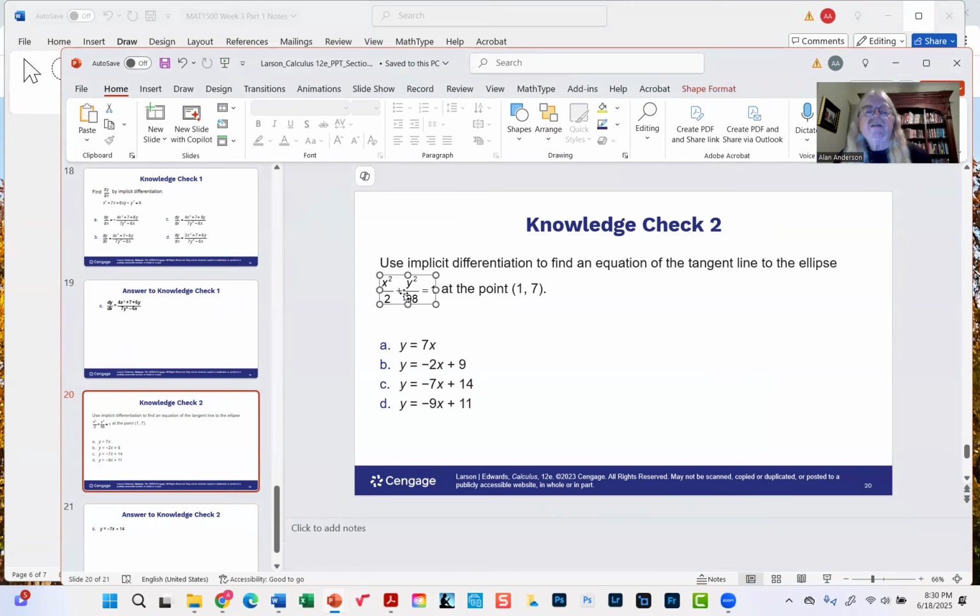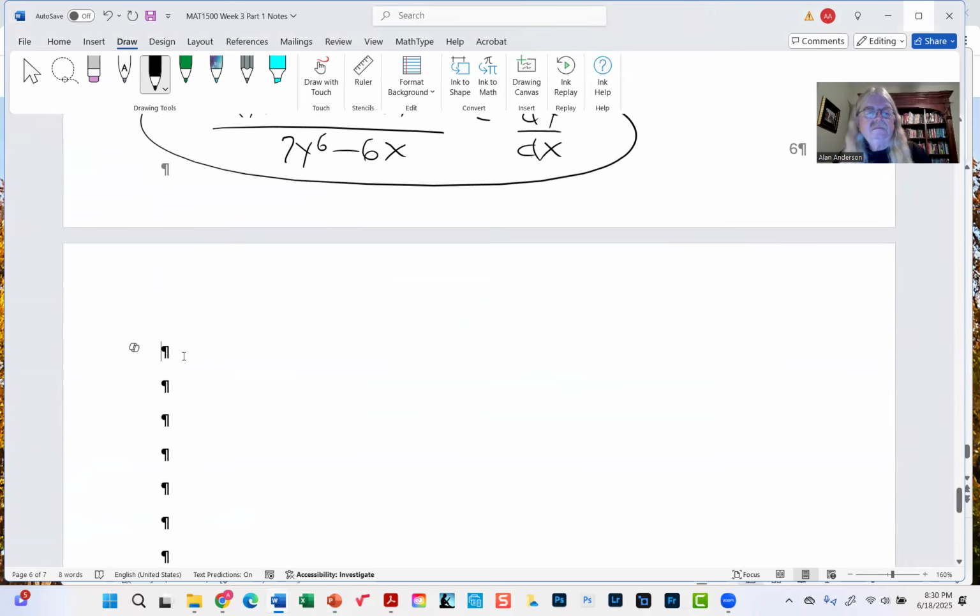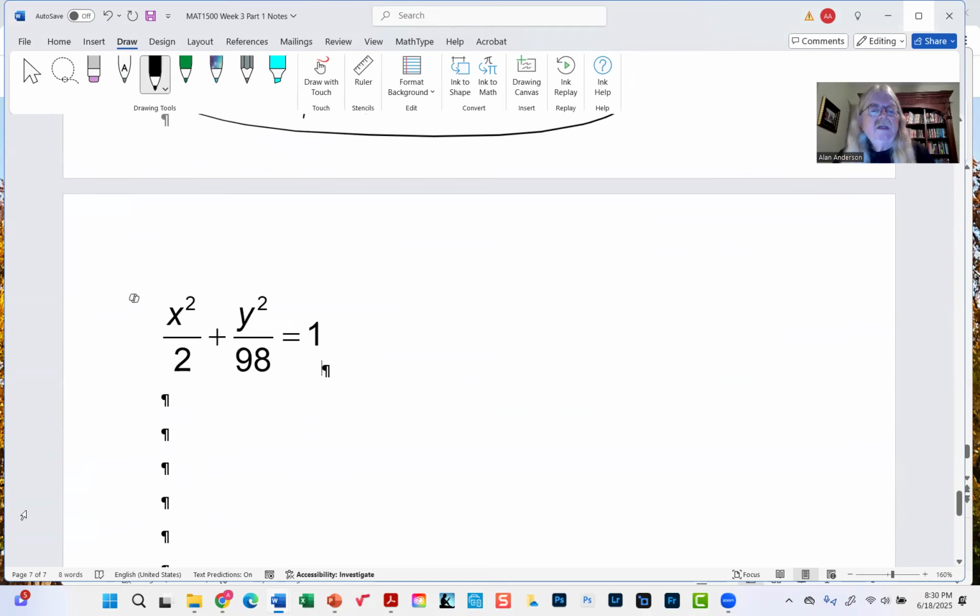All right, let's try this one. So again, we'll differentiate both sides with respect to x. All right. So we can split these up into individual terms.